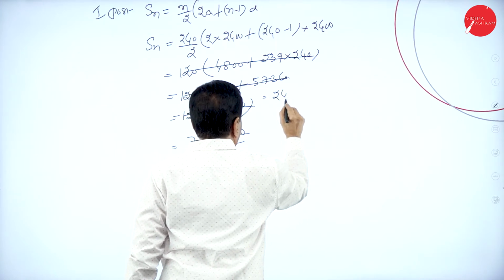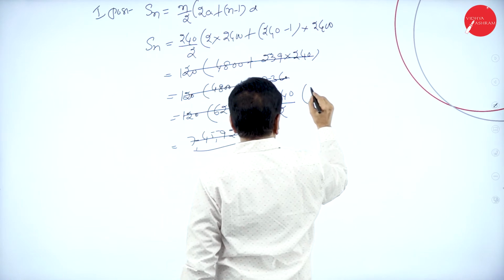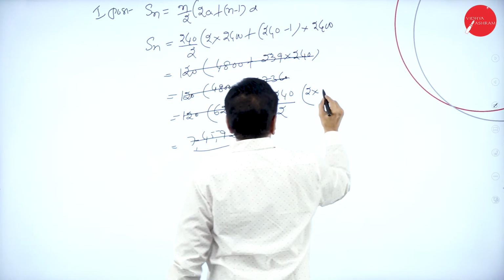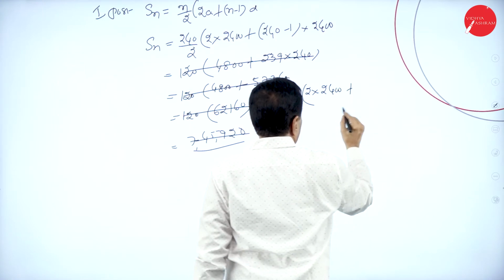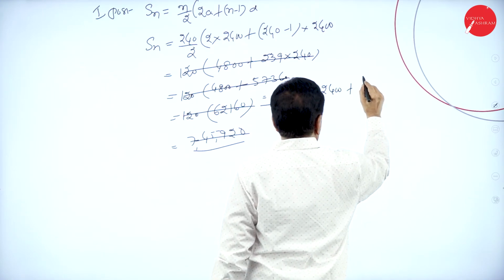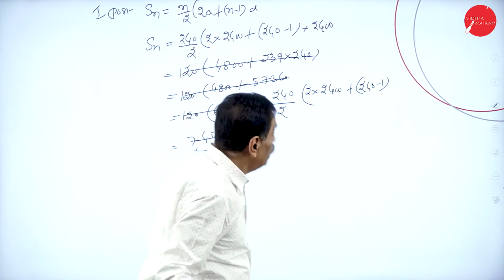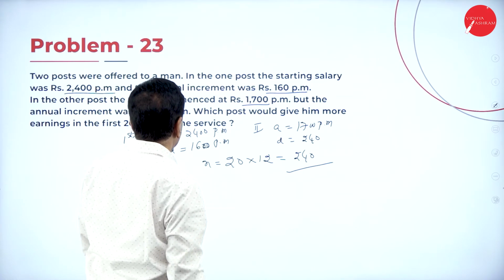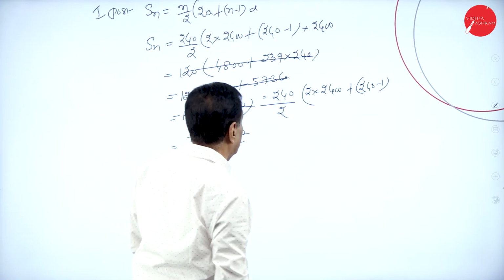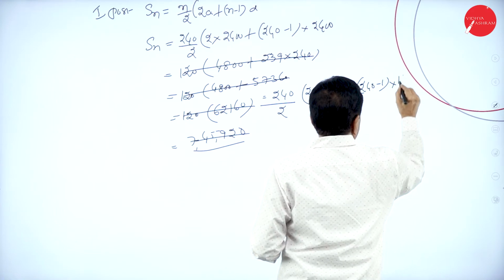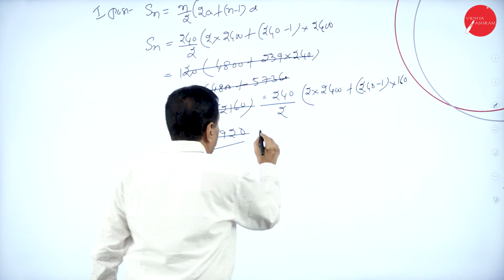240 divided by 2 into 2 into A is 2400 plus 240 minus 1. Then your annual increment is 160. Sorry, it's not 2400, it's 160. Simplify.